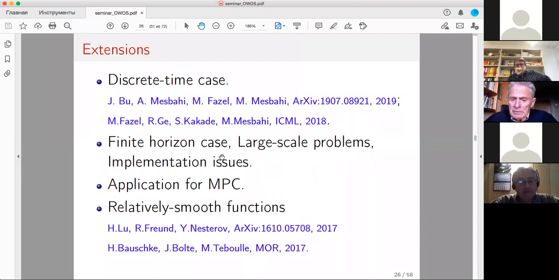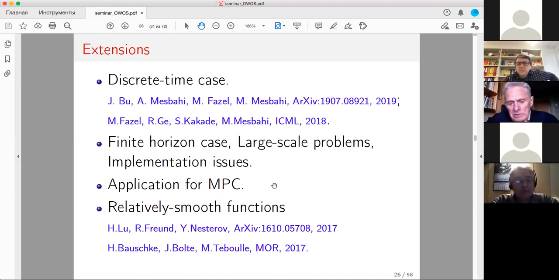And there are many open problems about implementation issues, how to solve large-scale problems, and so on. But all this is possible. Now, well, of course, this is not that important. Another way to solve linear quadratic regulator problems, but in many applications we deal.